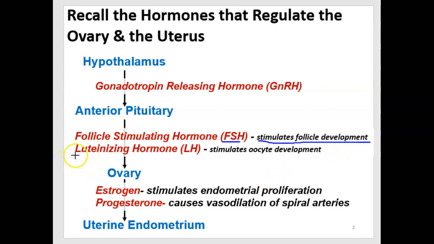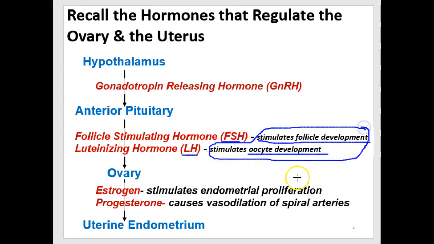The other gonadotropin is luteinizing hormone, known as LH for short, and it is responsible for stimulating development of the gamete or the oocyte. So the follicle stimulating hormone and luteinizing hormone are acting on the ovary, and this is what they do in the ovary: stimulate development of the follicle and development of the oocyte.